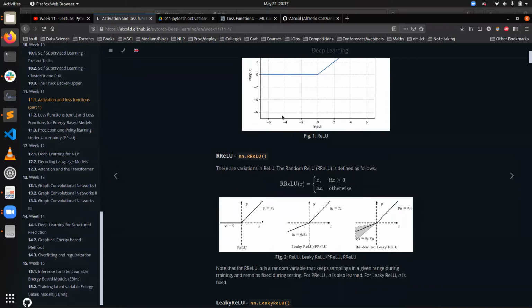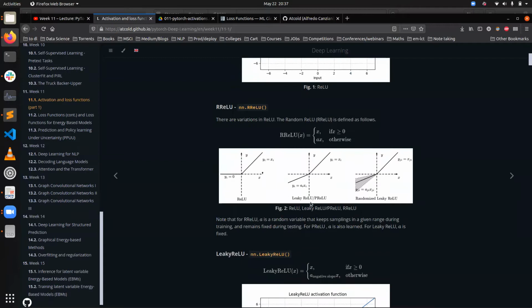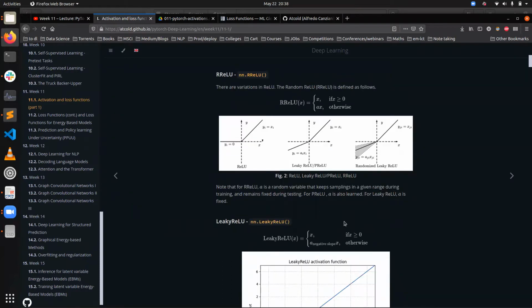The first one is random ReLU, where this part has a slope which is ax. So the slope is a, and for random ReLU, a is a random variable that keeps sampling in a given range during training and remains fixed during testing. Like most of the functions here, I have not seen them being used anywhere.